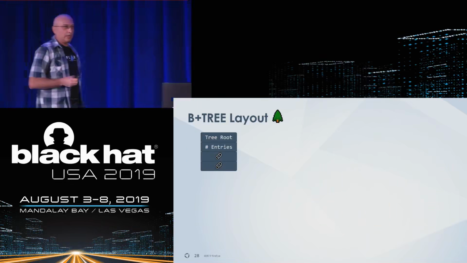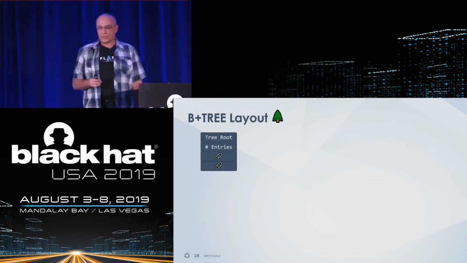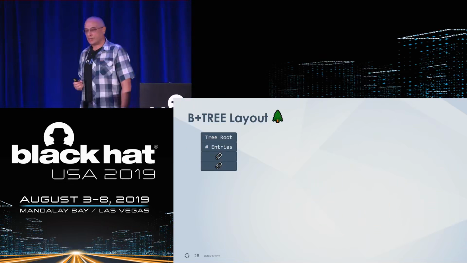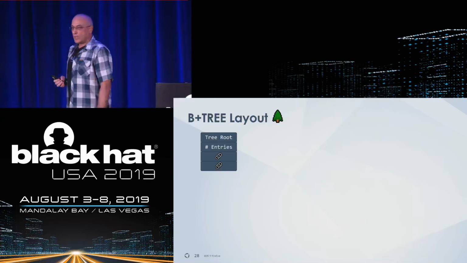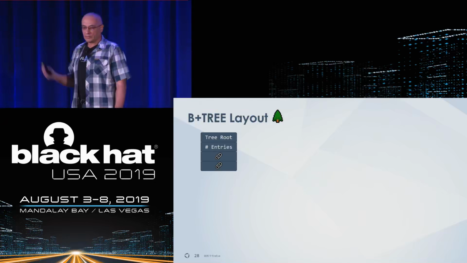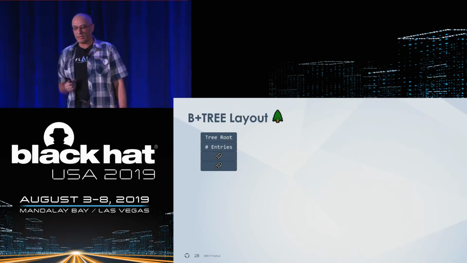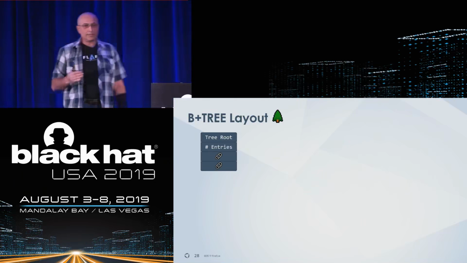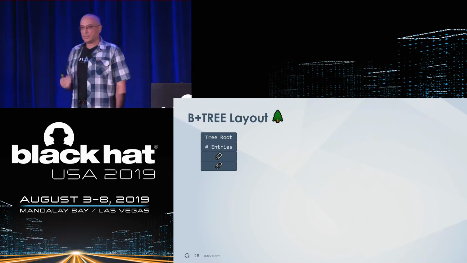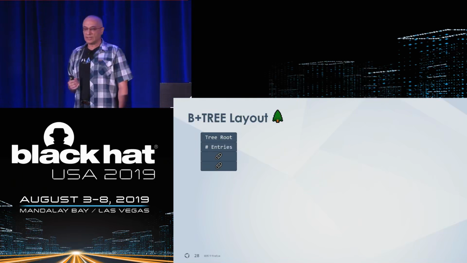What am I talking about when I mention that we need to traverse the B plus tree? Well, we will see this structure twice during our traversal, so let's go ahead and talk about it now. By definition, it's a B plus tree, which means all the data is stored in the leaves, and the non-leaf nodes contain ranges of keys.